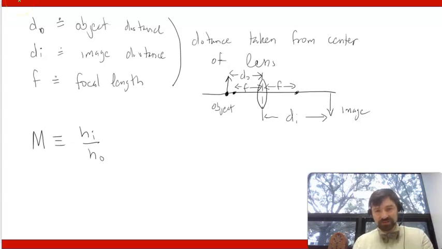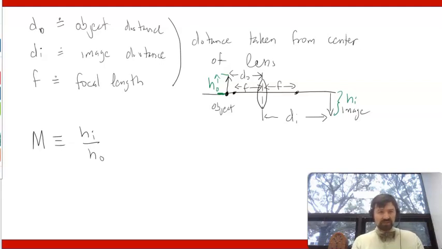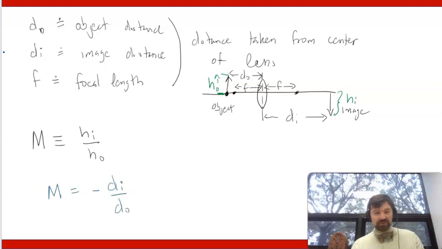If this right here, again, is my object, then this distance from this axis running through the literal center of the lens to the top of the object could be my height of the object. And then this distance right here would be my height of the image. So this right here is how those two are defined. As it turns out, this lateral magnification is equal to the negative of DI divided by DO. So these are two of your equations.